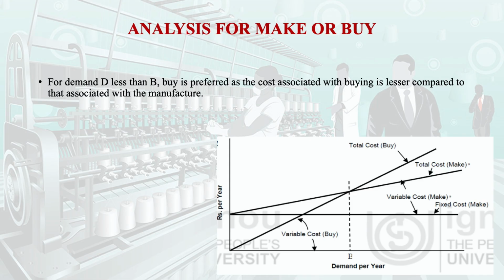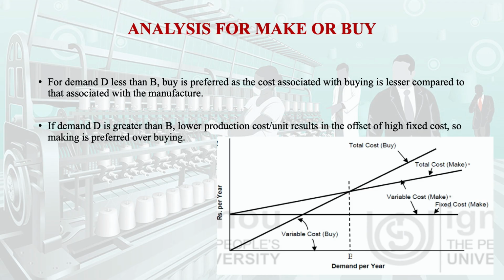Now if we analyze the two situations and see the graph on your right hand, you will find that the line originating from the origin is for buying the product, while the line originating at a certain point on the y-axis shows the decision for making the product.